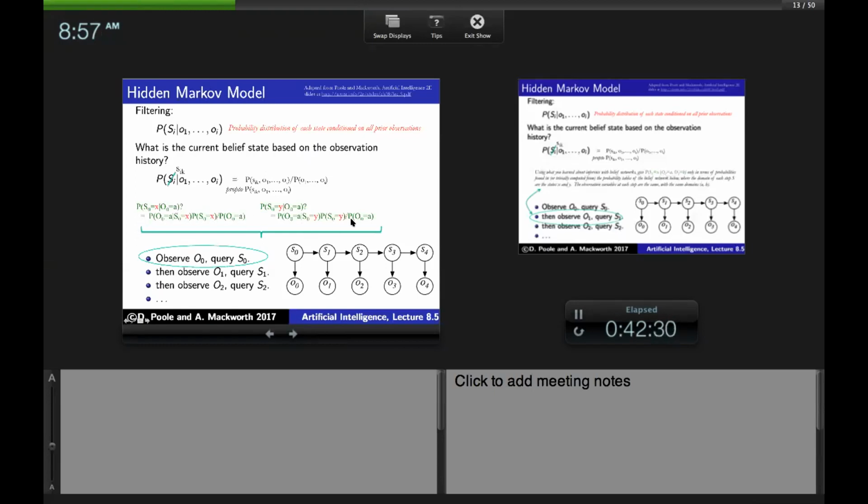Notice that this is common across the numerators, so all I really have to compare is this value with this value, and that tells me which state is more probable. This is a simple example in which we're only looking at one observation and trying to predict the current state.